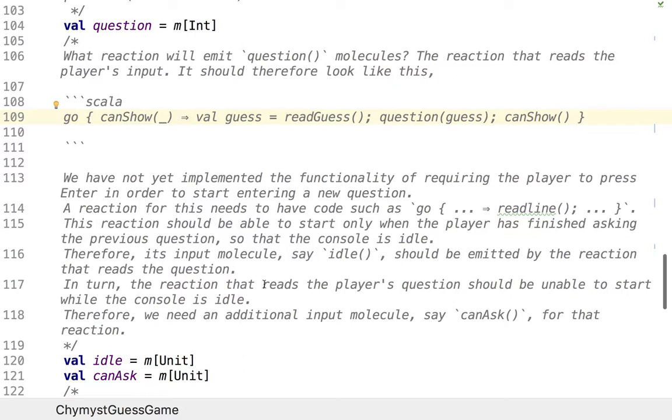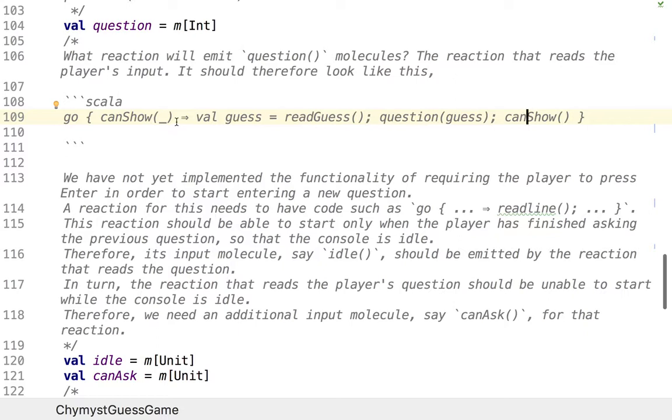It means that this reaction cannot start. The only way to prevent this reaction from starting is to withhold some input molecules from it. But this input molecule cannot be can-show because that molecule is always going to be there.